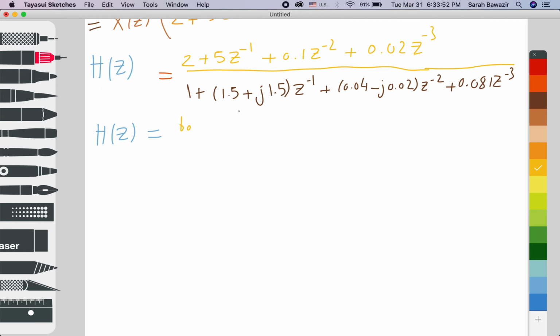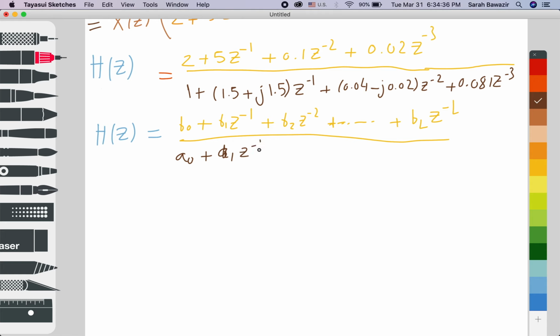The general form of the numerator polynomial is b0 plus b1 z^-1 plus b2 z^-2 plus terms until, let's say, bL z^-L, and the denominator is generally expressed as a0 plus a1 z^-1 plus a2 z^-2 plus other terms until, let's say, aM z^-M.